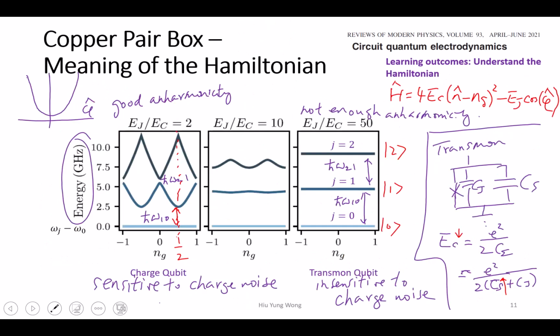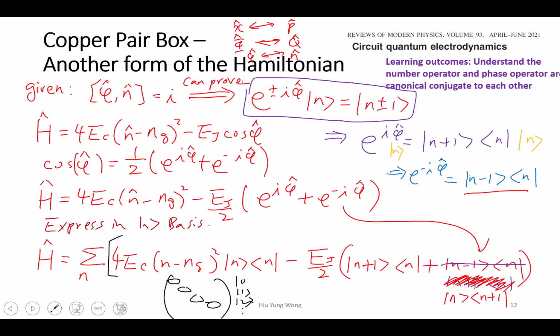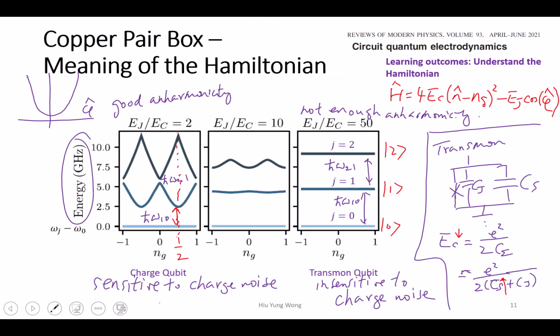N and the phase, yeah, they are the canonical conjugate variables. So that is what he's trying to say. Eventually we come up with this equation, right? Originally, what is n hat before we divide it by 2q? The charge, right?